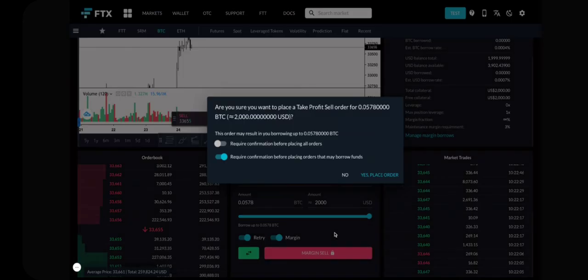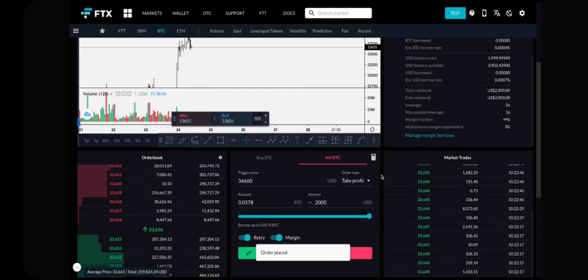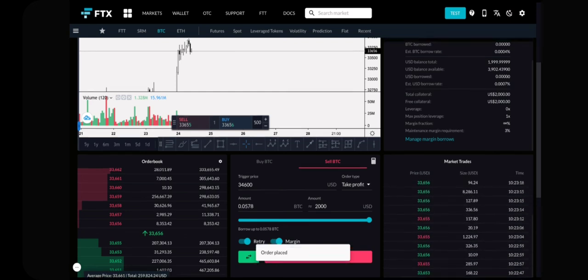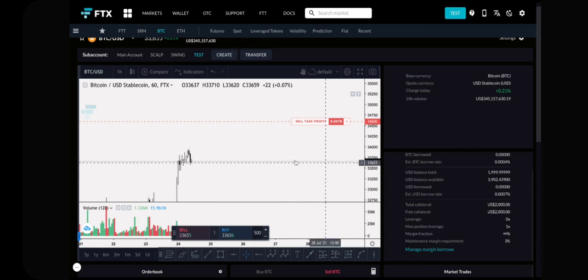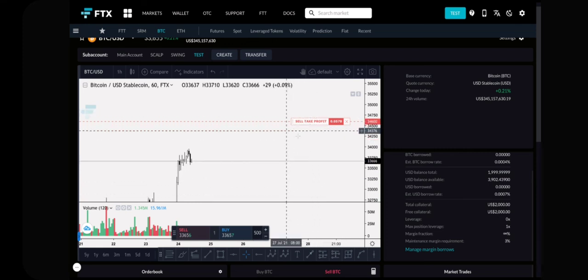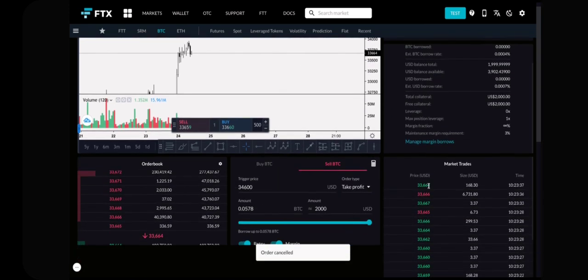All right, so you put that on the book. You ignore this. I'm only doing it for example purposes. That box wouldn't come up if I actually had bought Bitcoin first. You won't see that box if you actually own the Bitcoin, and you shouldn't be placing these trades unless you own the coin. Okay, so that means that if price goes up here, you want to take profit. It'll sell your Bitcoin for you and lock in the profit. That's how take profit works.